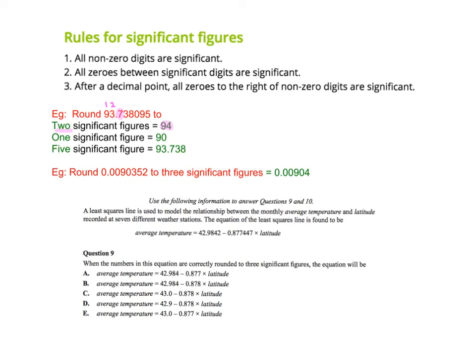When we're asked to do 1 significant figure, we count on the 9. Okay. So if I just wrote 9, is that an indication of what that number is? It isn't, is it? No. It's 90, not 9.